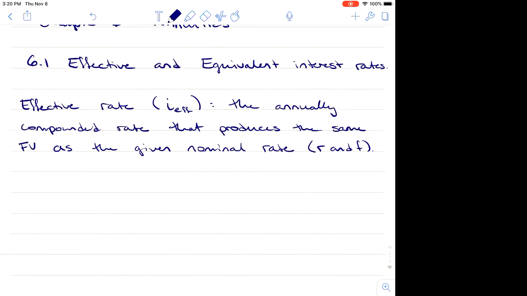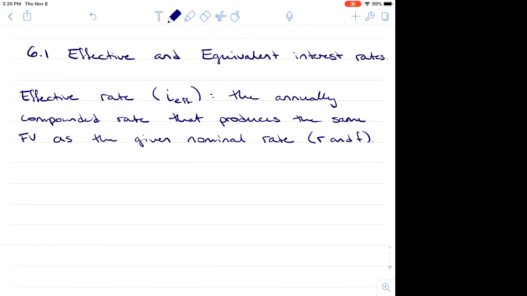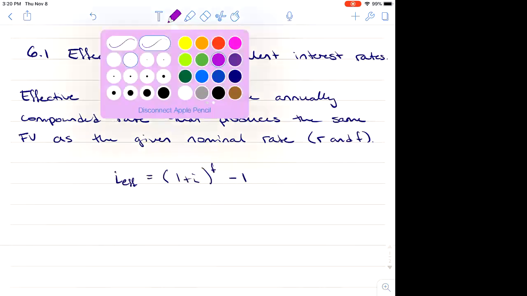The first one gives us the effective rate. Effective rates are usually just short answer questions, but we'll get them out of the way first. So we use the effective rate formula: (1 + I) to the power of F minus 1. And this is on your formula sheet.